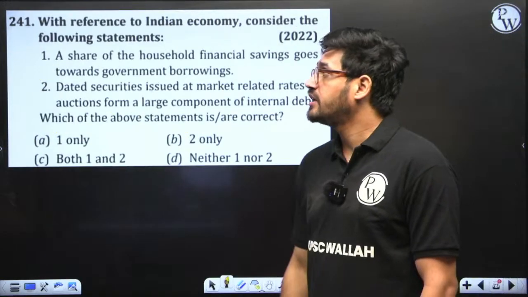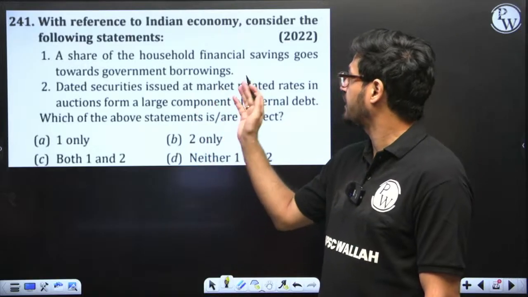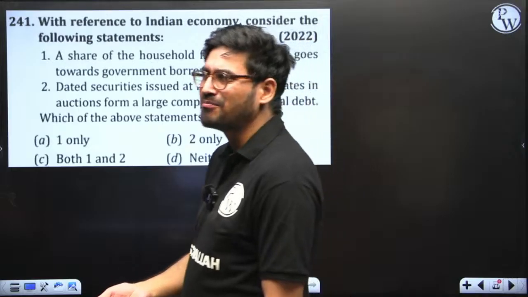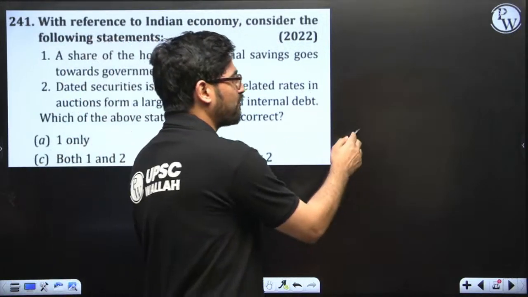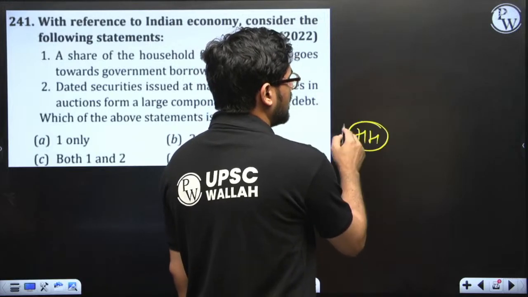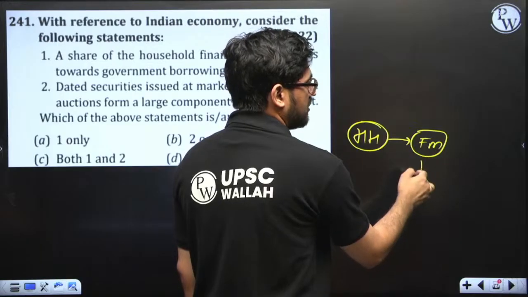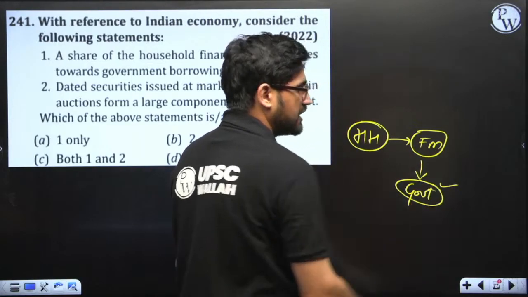With reference to the Indian economy, consider the following statements. First one says, a share of household financial savings goes towards government borrowings. It's a completely simple question to answer. If you know that normally in a circular flow of income, it is households who will save, the saving is going to go towards the financial market, and one entity which borrows from the financial market is the government.